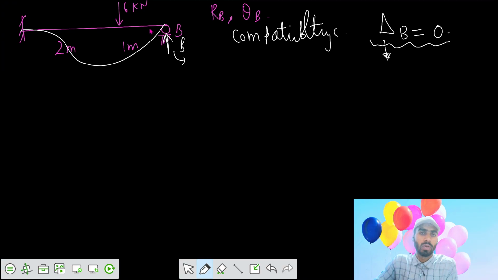So here there is some theta. We need to get the theta at B, and we know that at fixed support theta is 0 and delta is also 0.